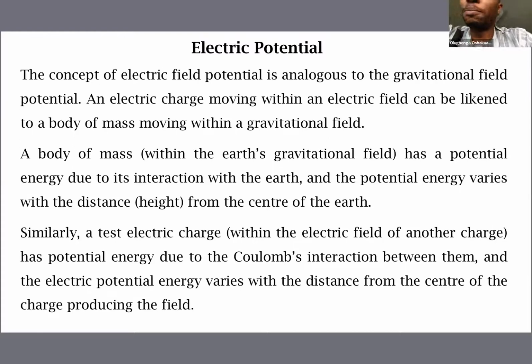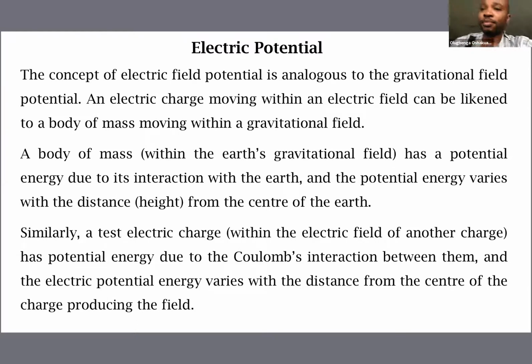When bodies move in gravitational potential, we say they do work or work is done on them. The same way, when charge moves in an electric field, the charged bodies either do work or work is done on them.